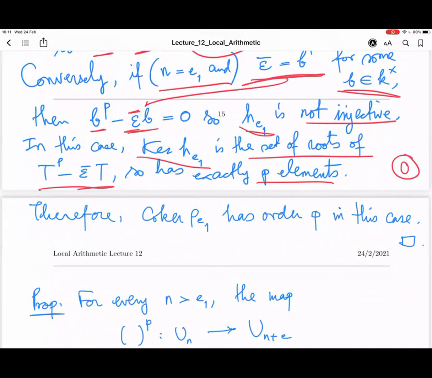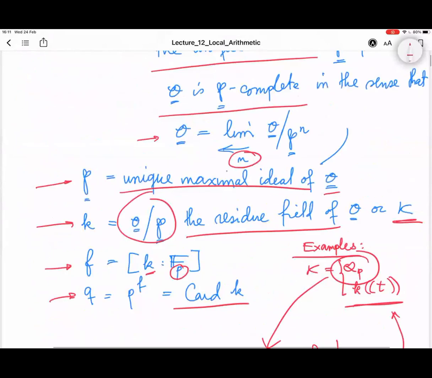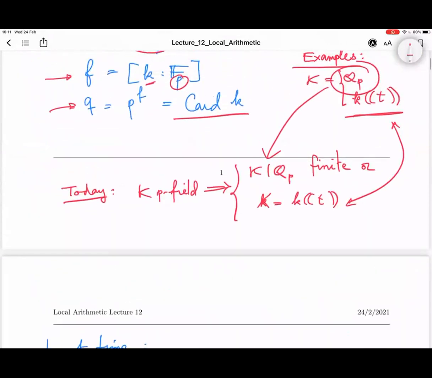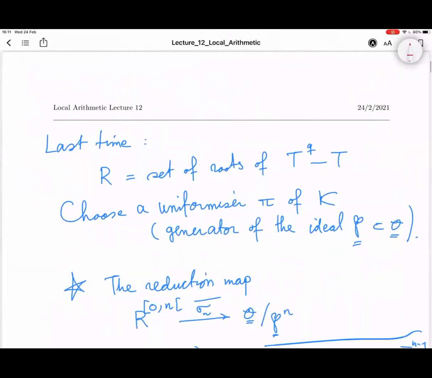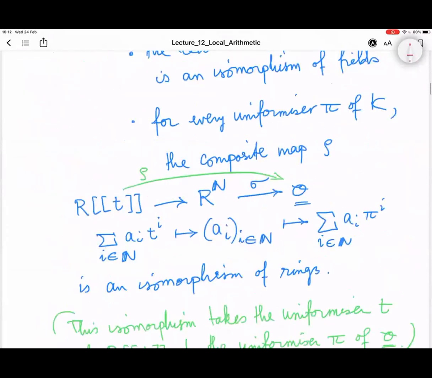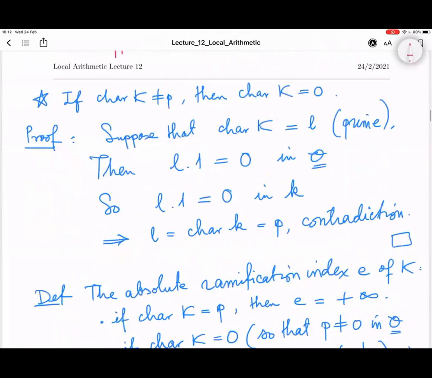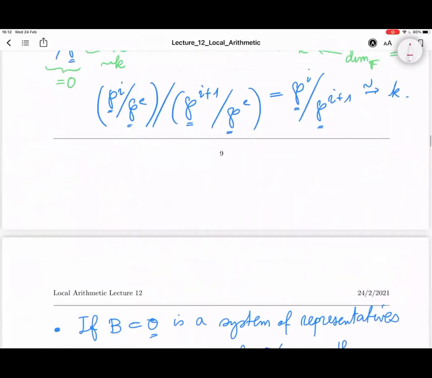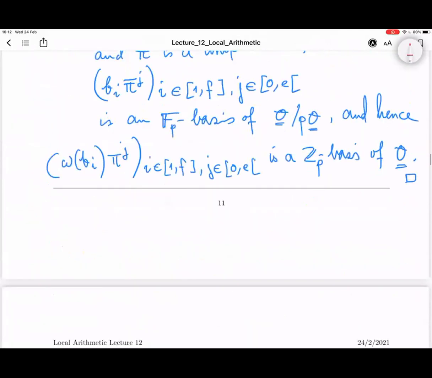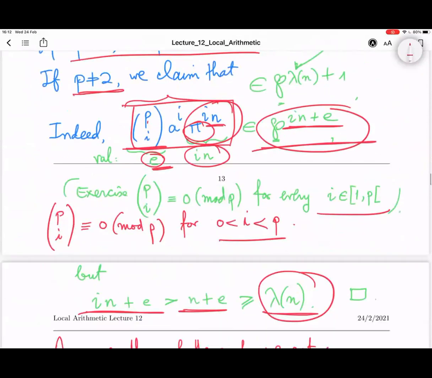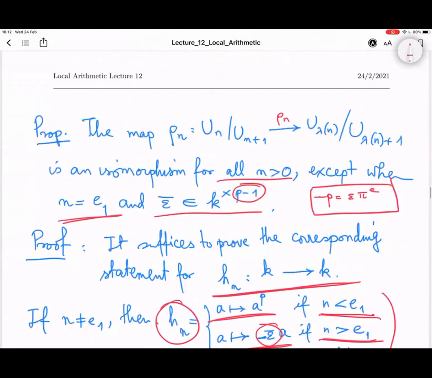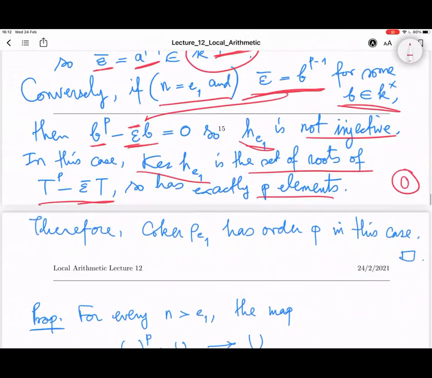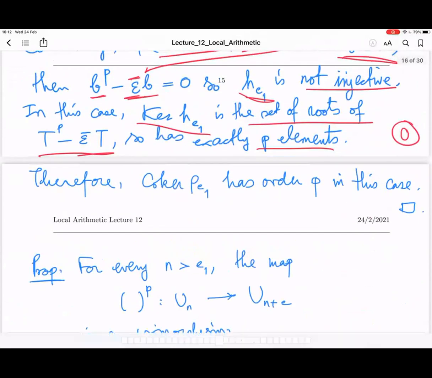So, wait a moment. No, not the root 0. That's not what I want to say. Yeah, I didn't want to say the root 0. I wanted to say the root b.